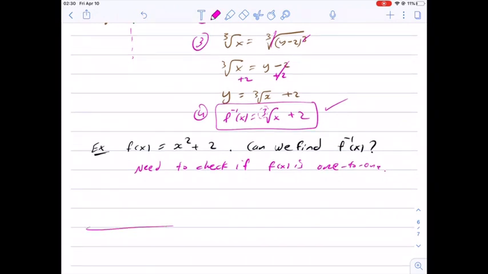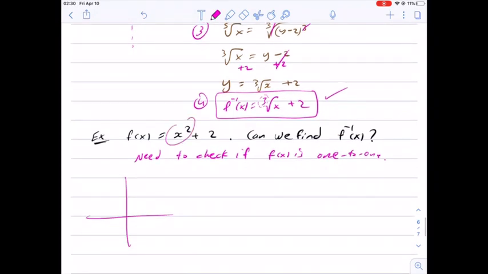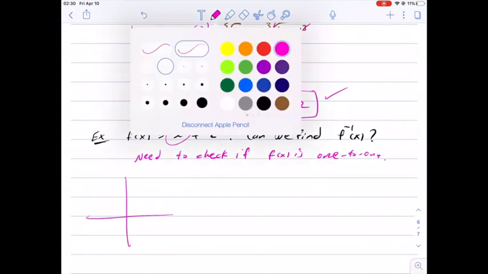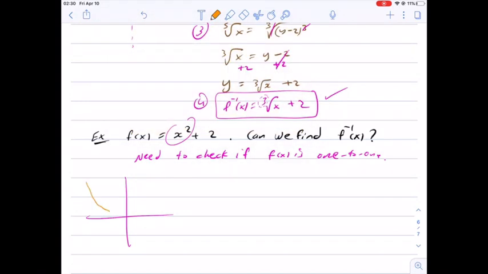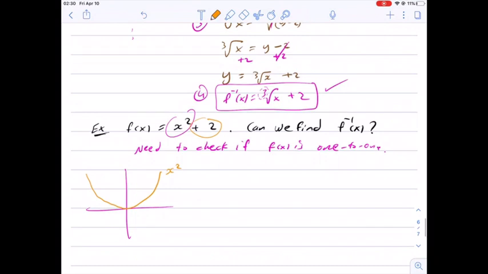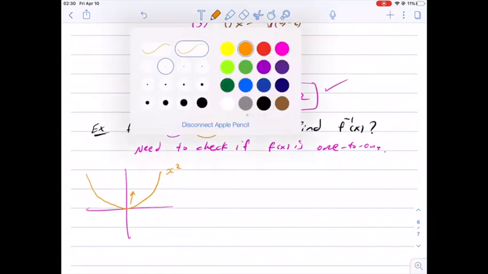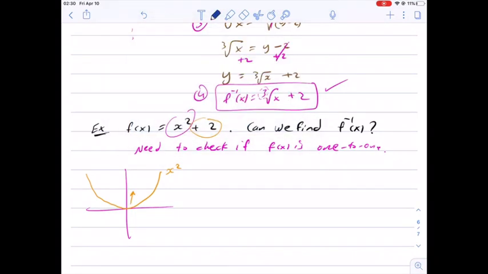Now let's graph this function. So the basic function is x squared. So the graph of this looks like this. This is x squared. And then when we add 2 to the whole basic function, that means we make a shift up by 2 units.